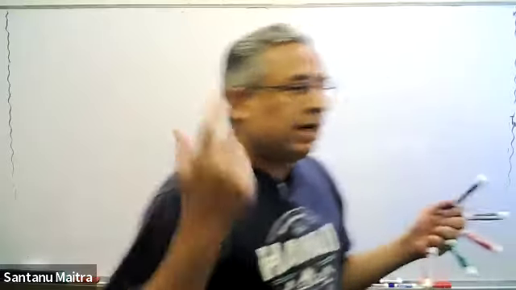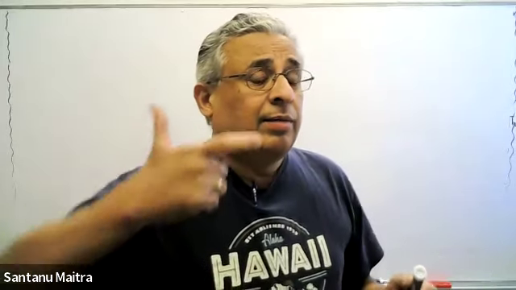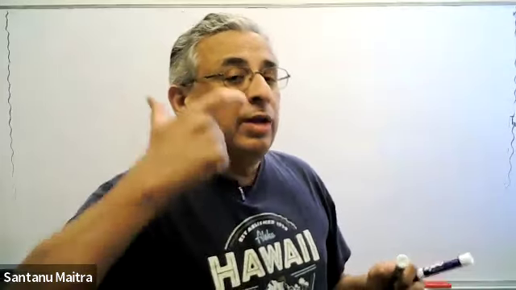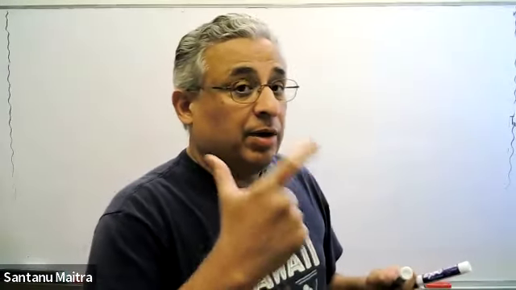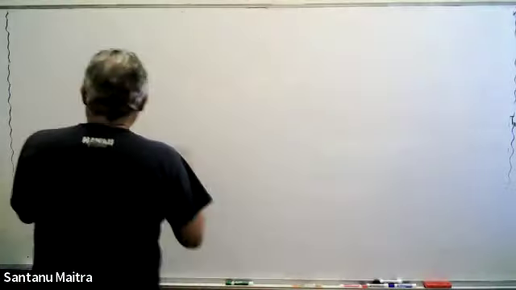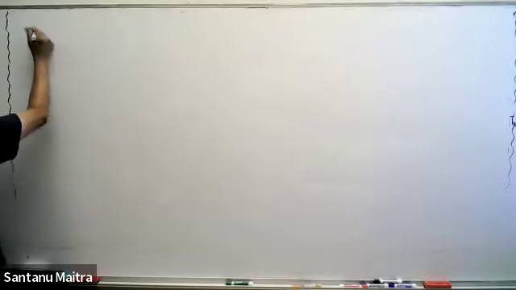So let's say that we are going to connect two of the most basic amino acids. We're going to connect the carbonyl end of a glycine to the nitrogen end of an alanine. Okay, let's draw them out. Okay, so this is glycine.